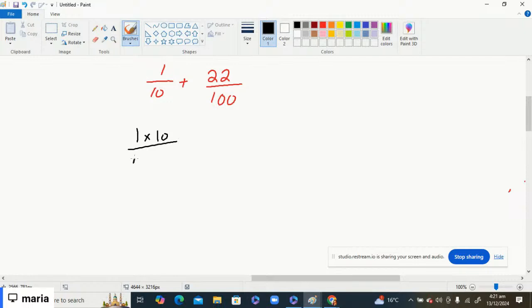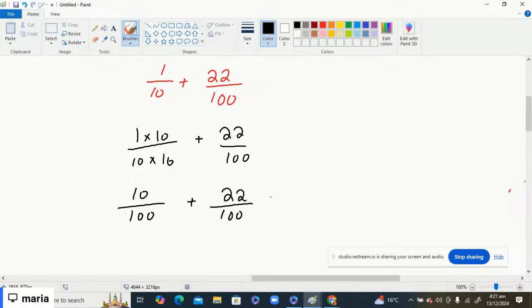1 times 10, 10 times 10, plus 22 over 100 as it is. 10 times 1 is 10, 10 times 10 is 100, plus 22 by 100.